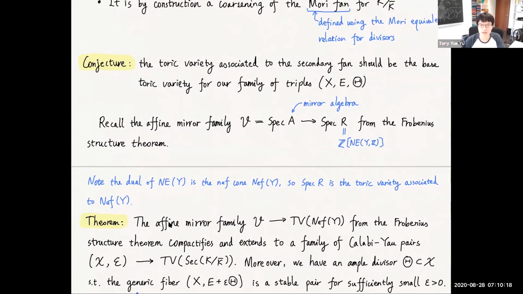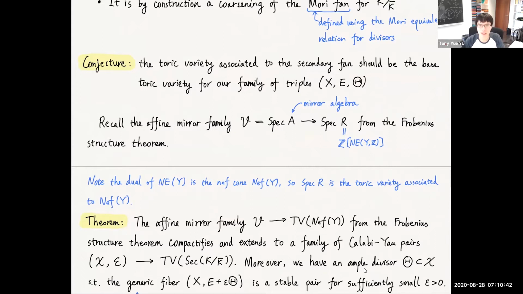Theorem: the affine mirror family that we constructed in the Frobenius structure theorem compactifies and extends to a family of Calabi-Yau pairs (curly X, curly E) over the toric variety associated to the secondary fan. And this is a complete toric variety.